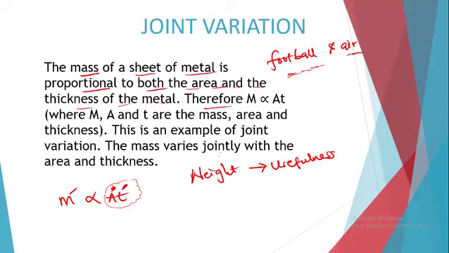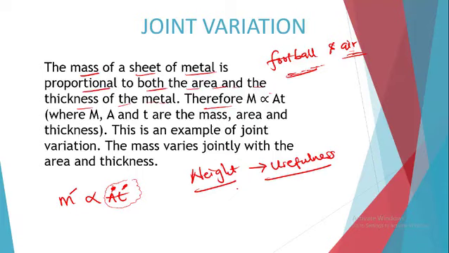So invariably, it means that football and air are joint variables. The relationship that exists between football and the air is studied under joint variation. I hope that is clear now.